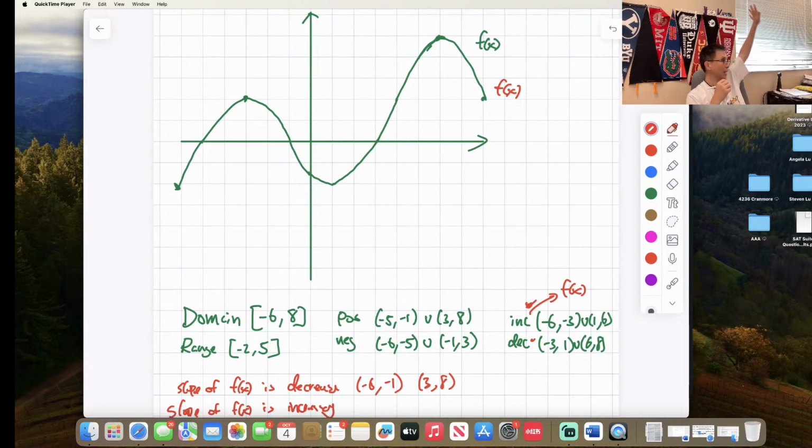How many of you guys are still lost? Raise your hand. Okay. So imagine if I draw a tangent line here, my tangent line's above, right? The whole way. This slope is equal to 0.